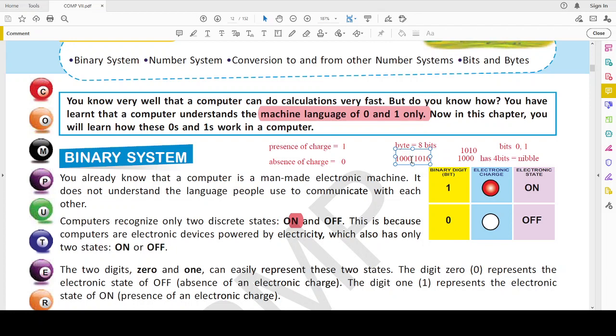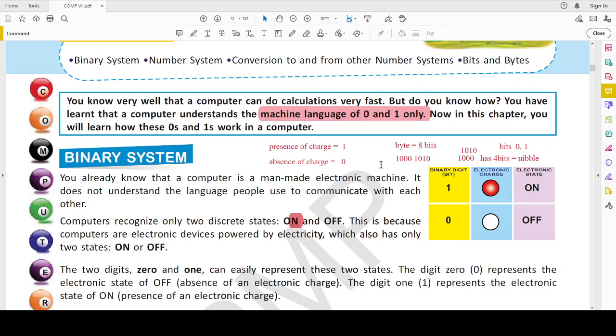Each and every character needs at least a byte to be represented. So a sequence of 8 bits is called a byte, and it is required to represent each character on our keyboard. Now 4 bits is called a nibble. So two nibbles comprise 1 byte. 2 nibbles is equal to 1 byte.